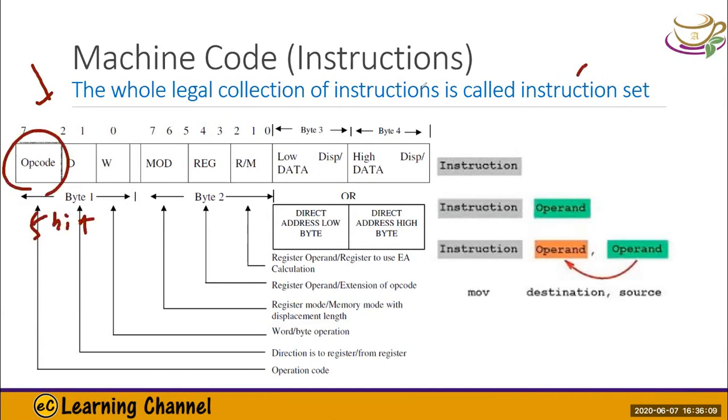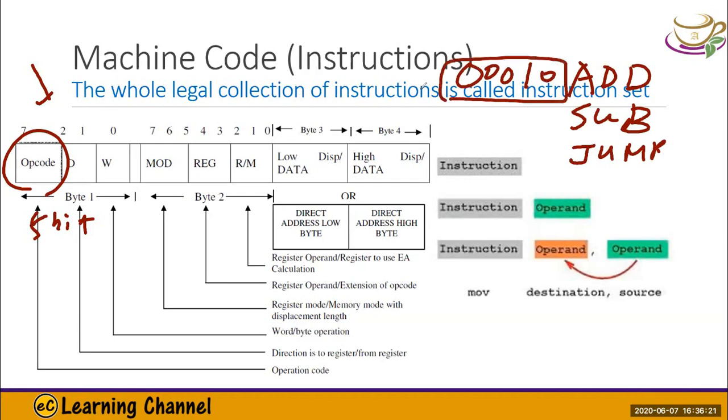It may be add, subtract, or jump. Maybe 00010 means add, and 00110 may be subtract. That operation is called the opcode, the operation code.